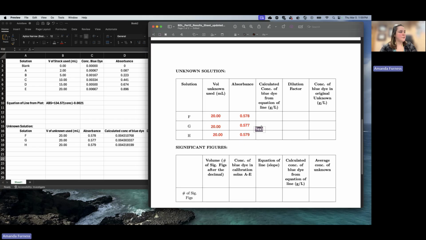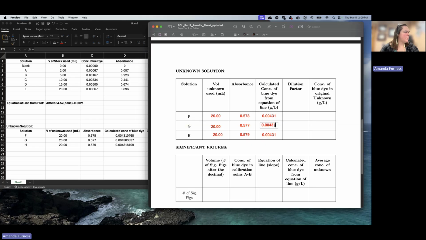And so our calculated concentration in Excel is going to be given to us with all of these decimal points. We want to make sure that we round it to 3 sig figs. 0.00431, this first one, and that one goes up here. We'll copy, paste, paste these down here.